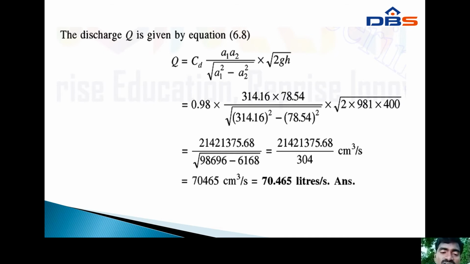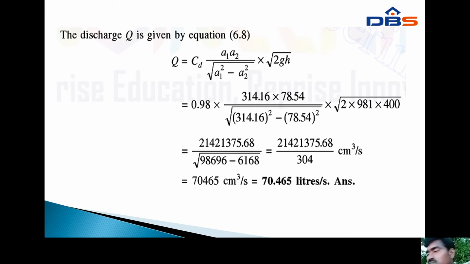Therefore, the equation is written as 0.98 into 314.16 into 78.54 divided by root of 314.16 whole square minus 78.54 whole square into root of 2 into 9.81 into 400.